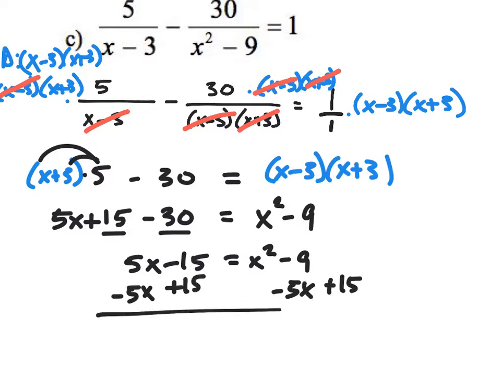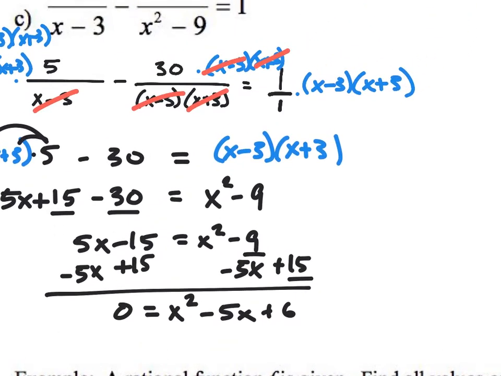Here's what we get as a result: 0 is equal to x squared minus 5x, and then negative 9 plus 15 is going to give me positive 6. Now this factors to x plus 6. Actually, this should be x minus 6 instead, and then x plus 1.